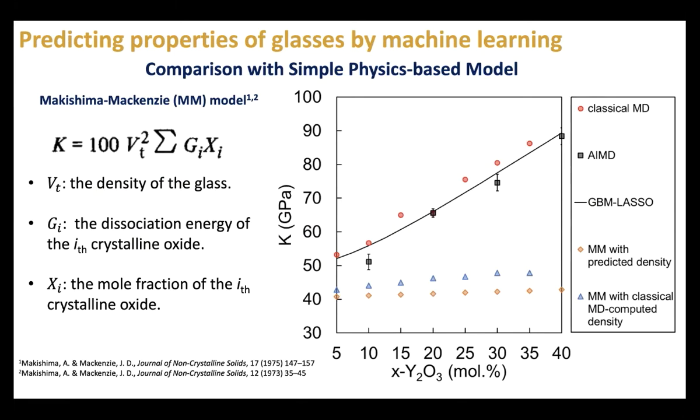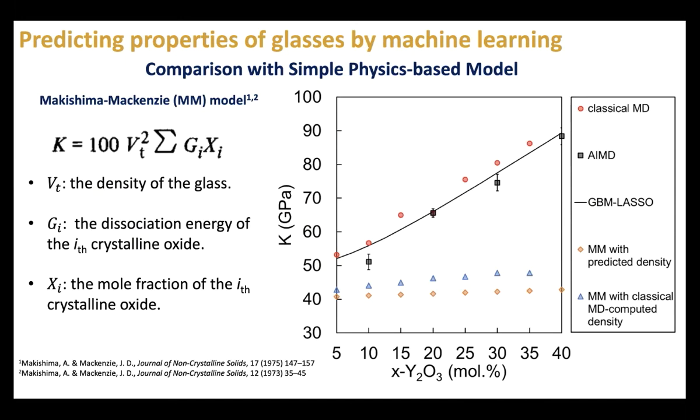So we read the original paper, and we found that compared with the simple physical models, our machine learning model has two advantages. First, in this model, you still need to input the density of glass, which you either obtain by experiment or simulation, or use some other model to predict density.